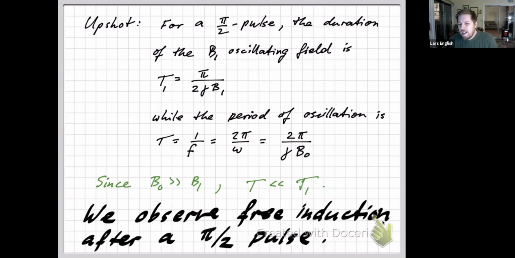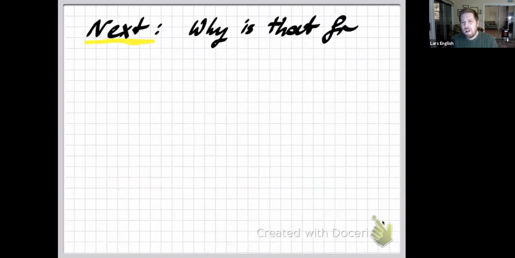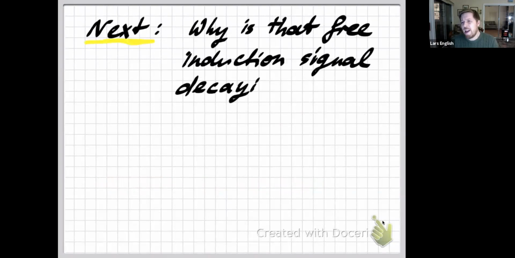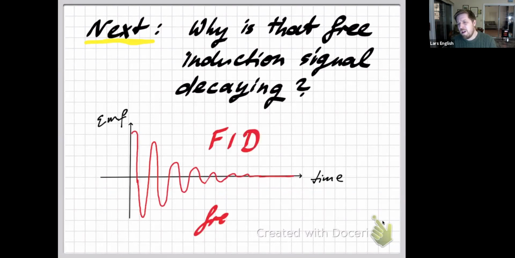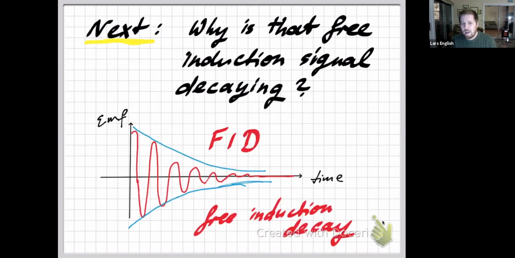Okay, and so the idea is after such a pi over 2 pulse, we should detect the free induction signal, right? Picked up by our coil. So the next thing that we have to look at is that signal itself. Why is it decaying away? We said that the EMF that we typically see looks like this.